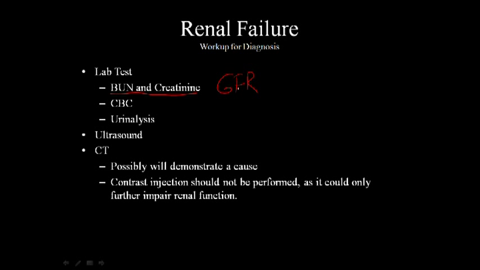CBC, just to look for any abnormalities in the bloodstream, such as high white blood cell count. And urinalysis, once again, to see if there's any proteins, to see if there's any leukocytes or lymphocytes, and if there's blood in the urine. Things like that will all be an indication for renal failure.